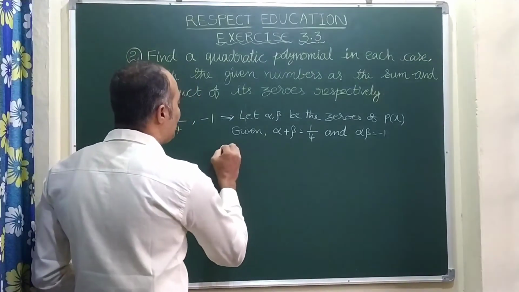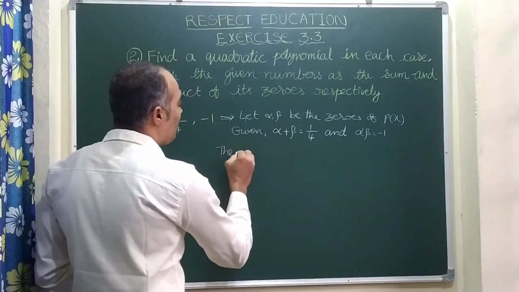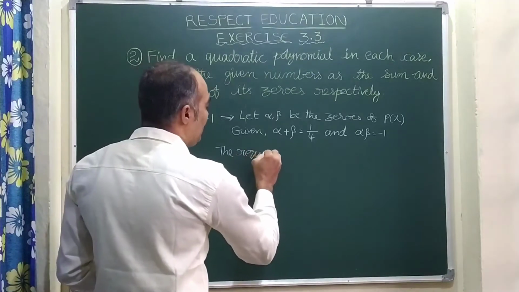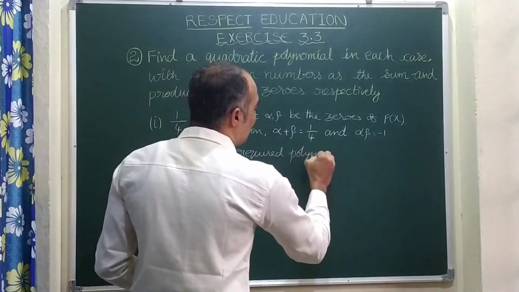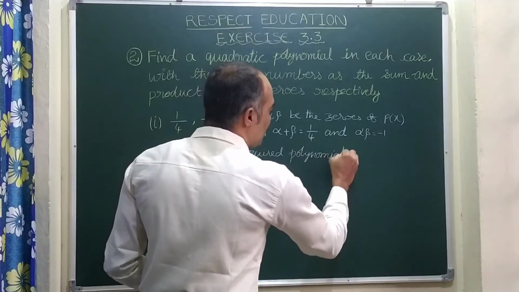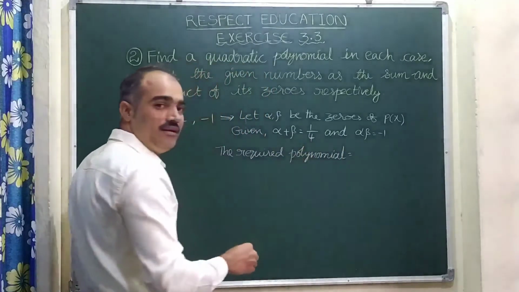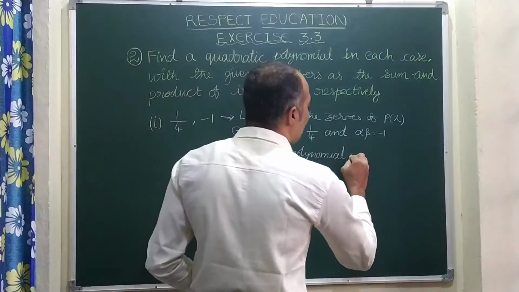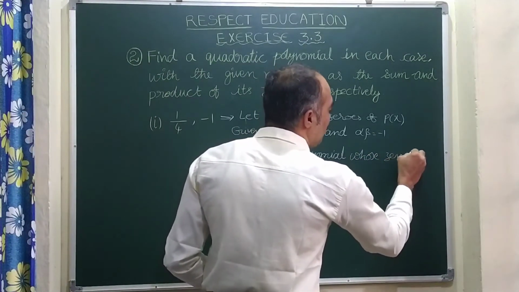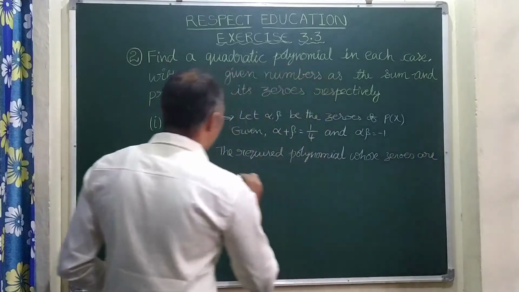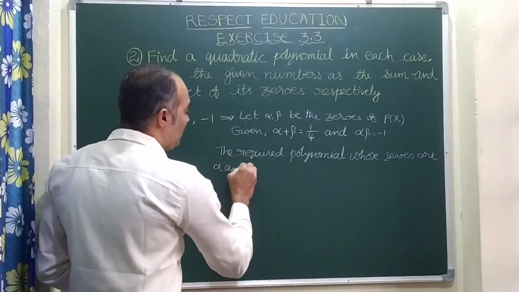children. The required polynomial here, whose roots are alpha and beta. So we can write that also: required polynomial whose roots, means zeros, are alpha and beta.